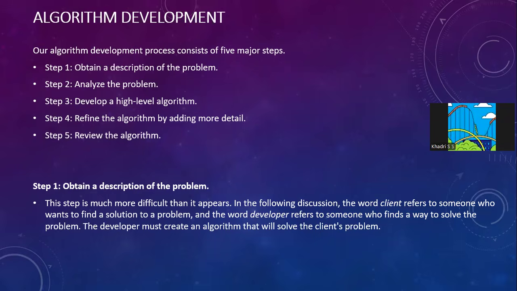In the following discussions, the word client refers to someone who wants to find a solution to the problem, and the word developer refers to someone who finds a way to solve the problem. That is the difference between client and developer. The developer must create an algorithm that will solve the client's problem. This is the way of obtaining the description of the problem.